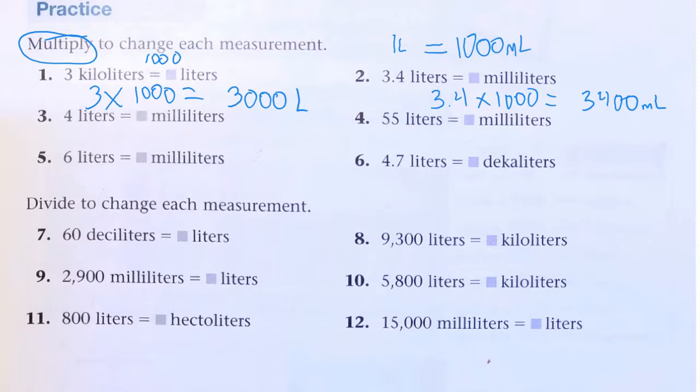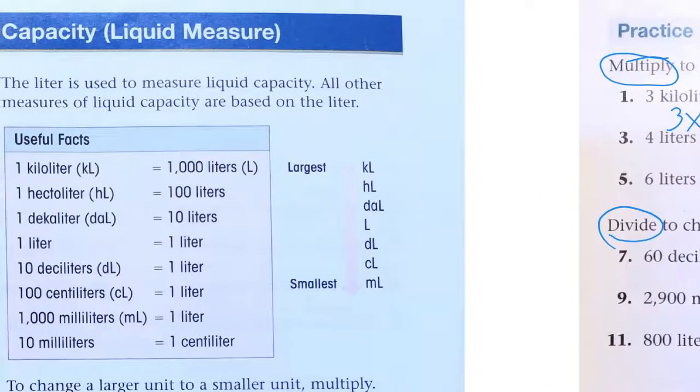When we divide to change measurements, we again see what our fact is. So deciliters are working with 100, I believe. Remember, if we're not sure, you can check the table.